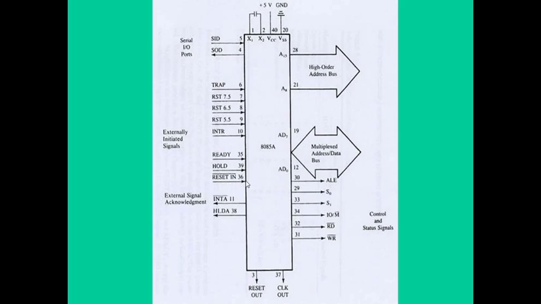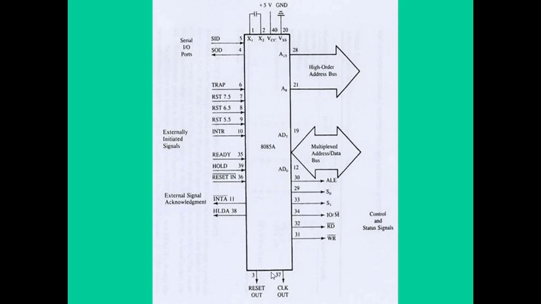When the signal on this pin goes low, the program counter is set to 0. The buses are tri-stated and MPU, that is microprocessor, is reset. Then reset out. This signal indicates that the microprocessor is being reset. The signal can be used to reset other devices.